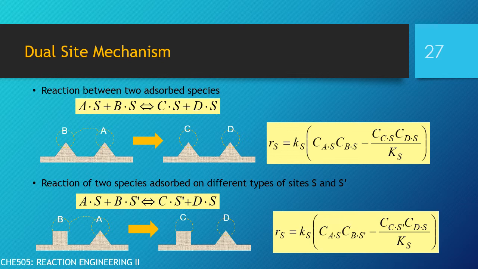Adsorption step 1 for the adsorption of species A, adsorption step 2 for the adsorption of species B. So when there are two adsorbed species, automatically it will be a dual-site mechanism reaction with two active sites. Similarly, for a reaction of two species but different types of active site. So there are three examples of dual-site mechanism.